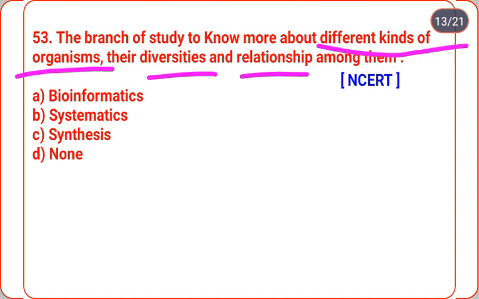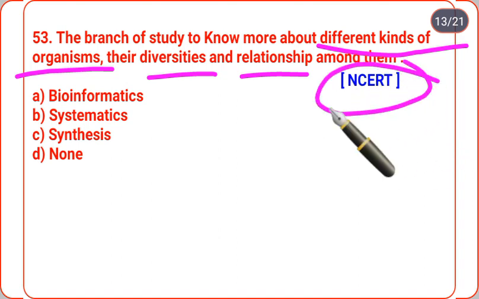So it is exactly from the NCERT book. The aspirant who reads the NCERT book at least one time will get the correct answer. So here our correct option is option B, systematics.